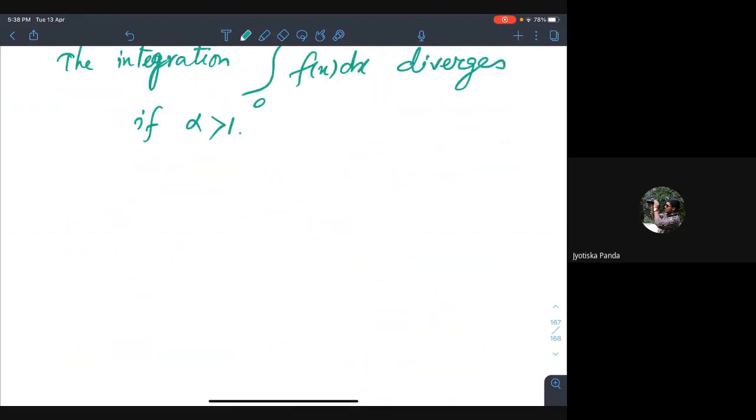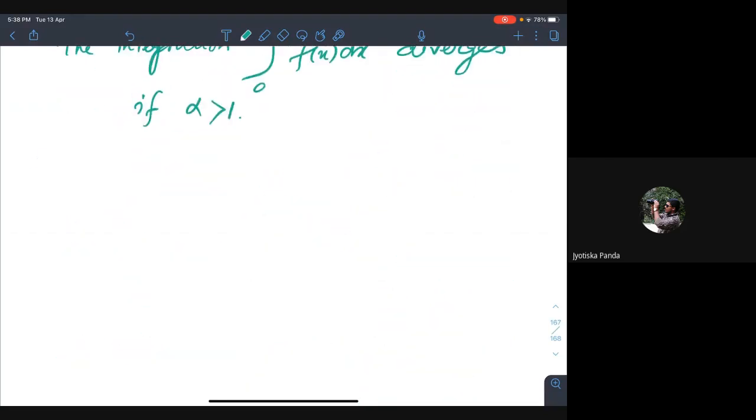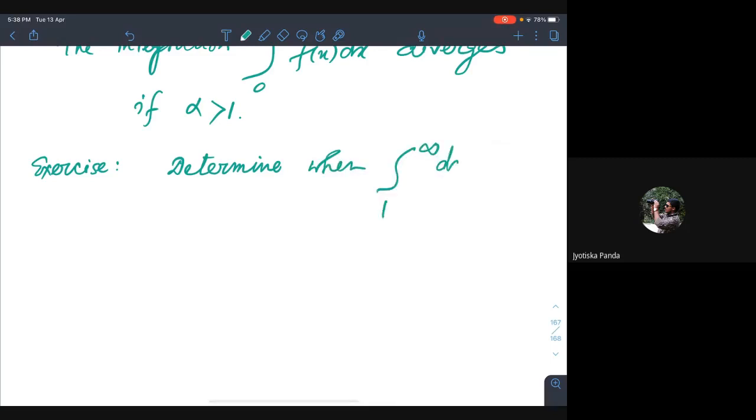So an exercise: determine when the integration from 1 to infinity of dx by x to the power alpha is convergent.